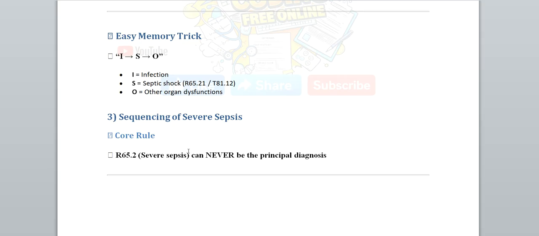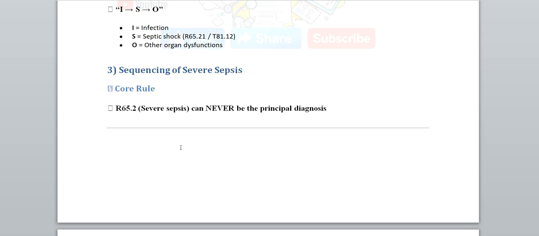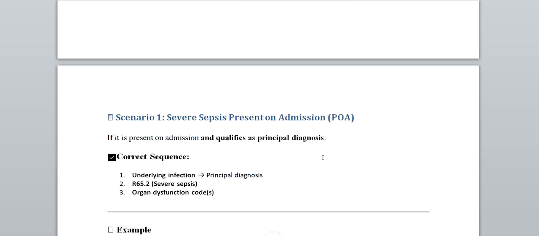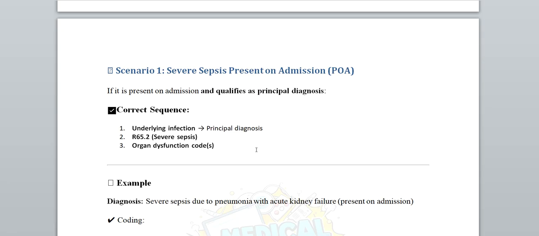Sequencing for severe sepsis. R65.2 severe sepsis can never be the principal diagnosis. Okay. Scenario: severe sepsis present on admission, POA. If present on admission and it qualifies as the principal diagnosis, the correct sequence is the underlying infection as principal diagnosis, then R65.2 severe sepsis, then the organ dysfunction code.